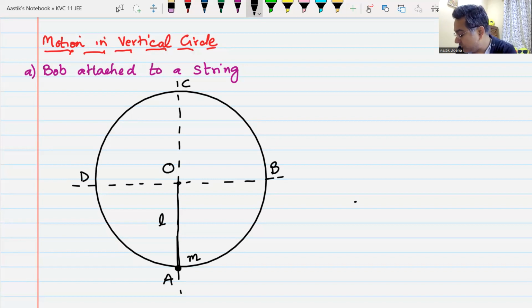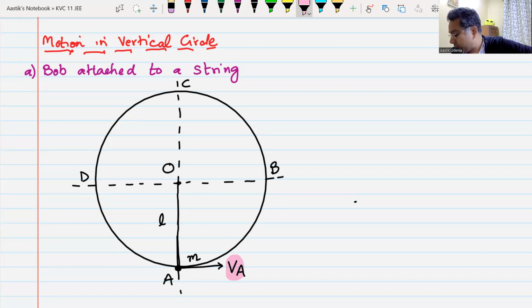You give the bob a velocity, let us call it VA. Whether it will be able to reach the highest point or not will depend a lot on the velocity that I have given it at the lowest point.